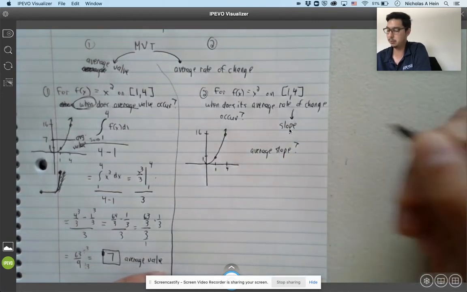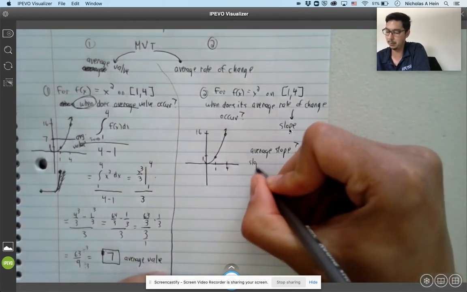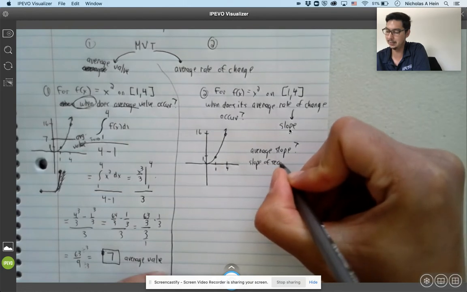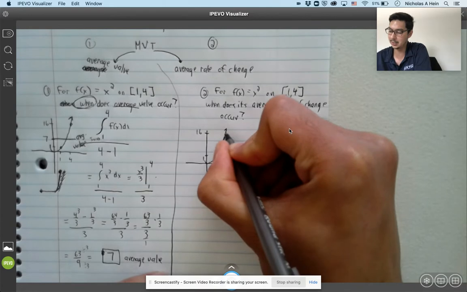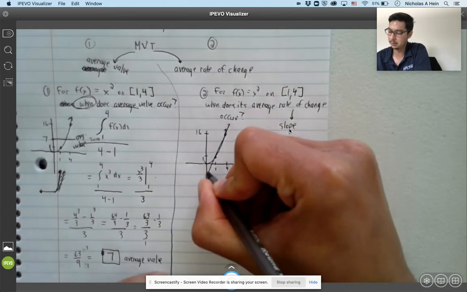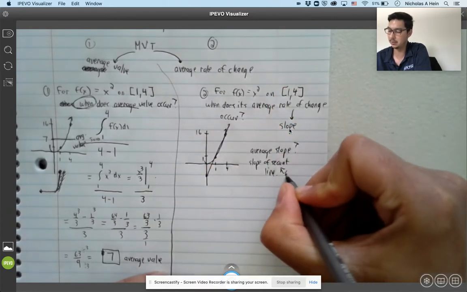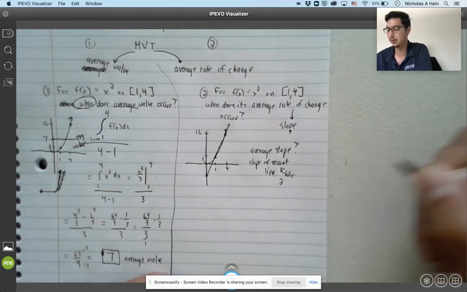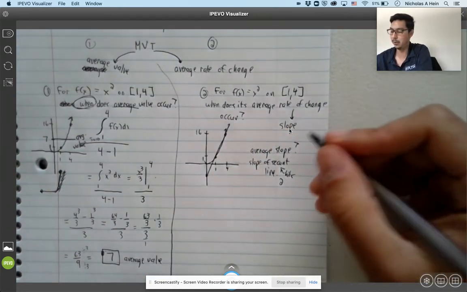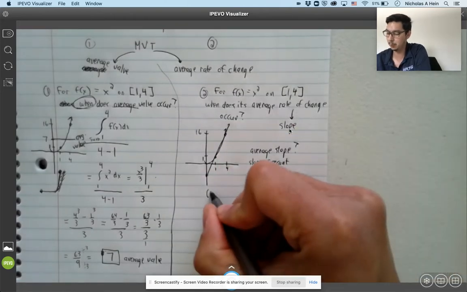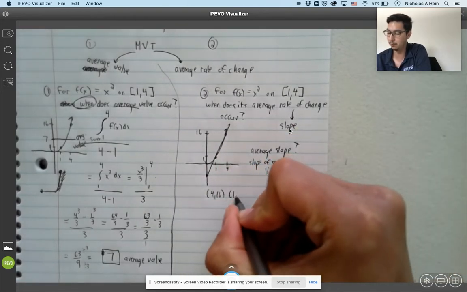Well, average slope is the same thing as, people might call it the slope of the secant line. It's fancy. Secant line is just because it crosses the curve twice. That's all it means. It hits twice. It's just fancy language. But what's the slope of this line? Well, how do you find the slope of a line? The slope between 2 points, you're just finding the slope between the points (4, 16) and (1, 1).